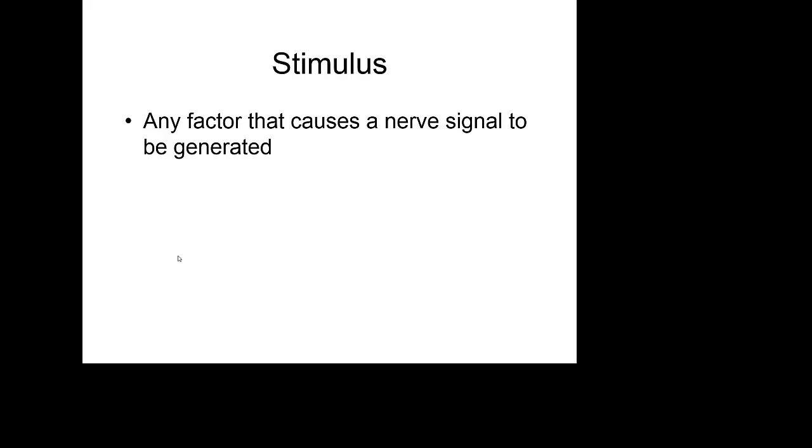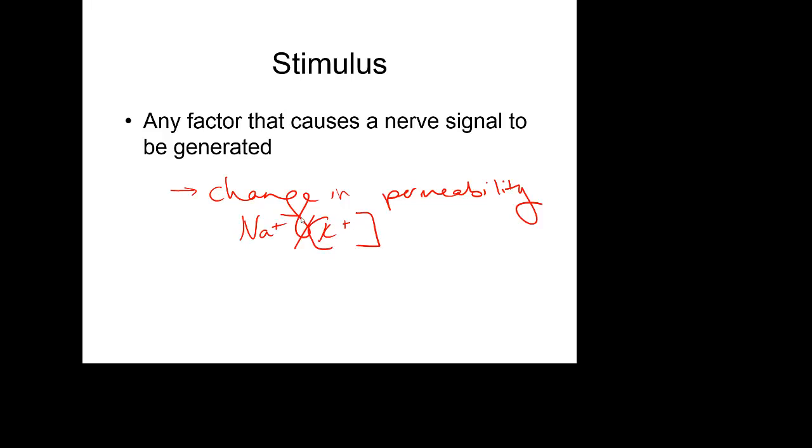So a stimulus is anything that is going to cause us to change that resting state potential. And what we look for is a change in permeability. And that change in permeability will alter the sodium and the potassium concentrations inside and outside of that cell. So the change in permeability is going to allow ions to move.